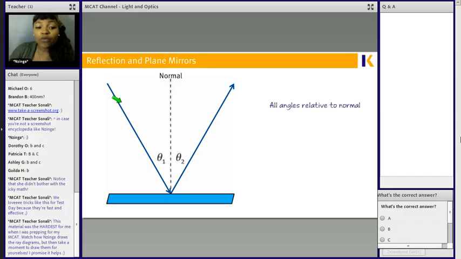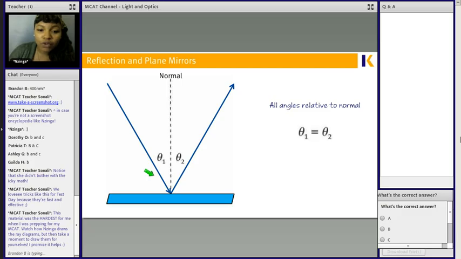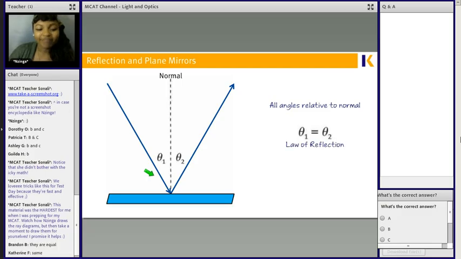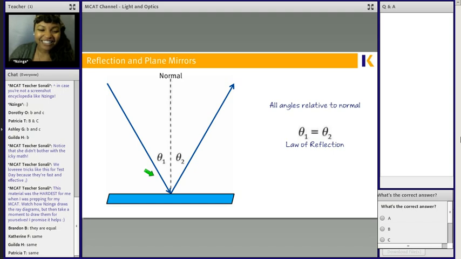Whenever we have 100% pure reflection, what's going to be true about the angle of incidence relative to that second angle? Good. Excellent. Okay, so we definitely do know that they're going to be the exact same.